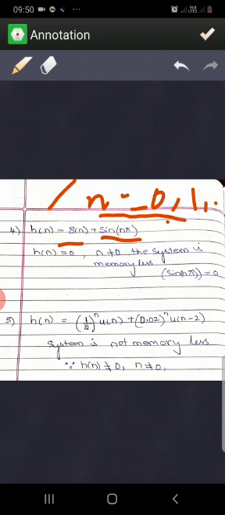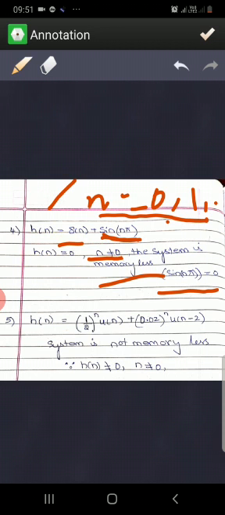Therefore, for all integer values of n, sin of n pi is 0, since sine of integral multiples of pi is nothing but 0. Therefore, h of n is equal to 0 for n not equal to 0. For any value of n, it is 0 except at n equal to 0, so the system is memoryless.